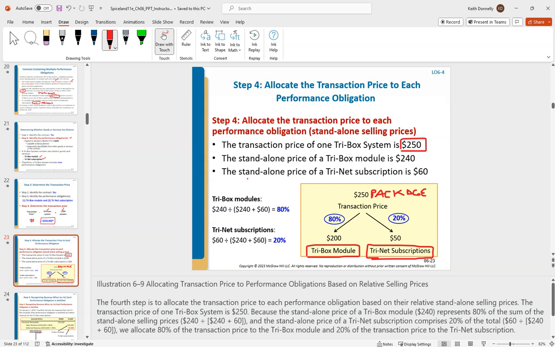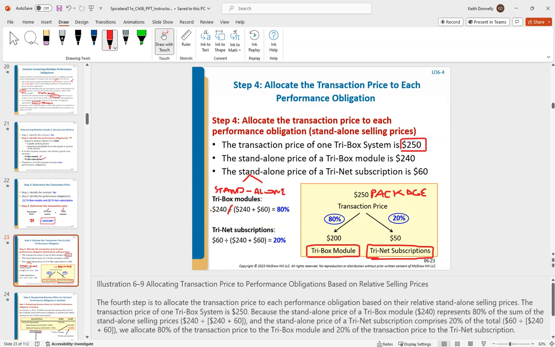To figure that out, to break it out, you have to look at the relative standalone prices. From the Xbox point of view, we sell it by itself for $240.